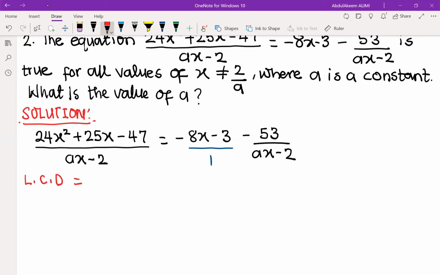So let me solve my arithmetic here. We all know this numerator ax minus 2 will cancel this, while this will cancel this. So to solve further, what do I have here now?